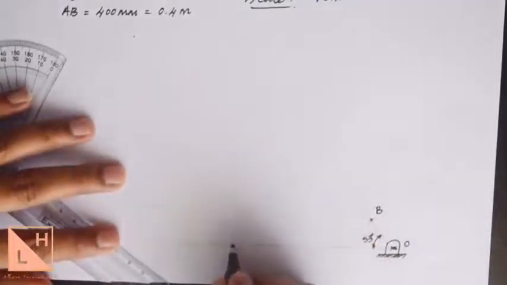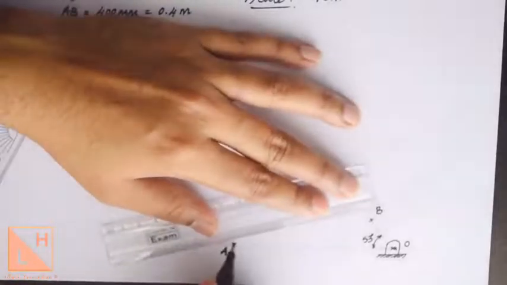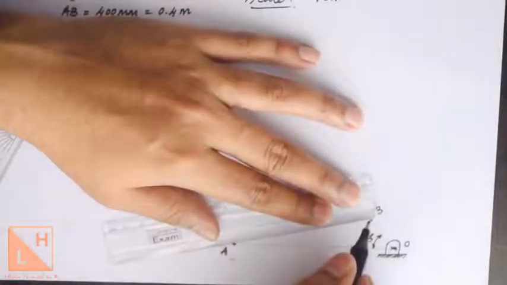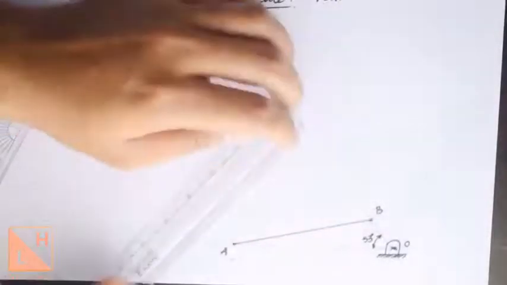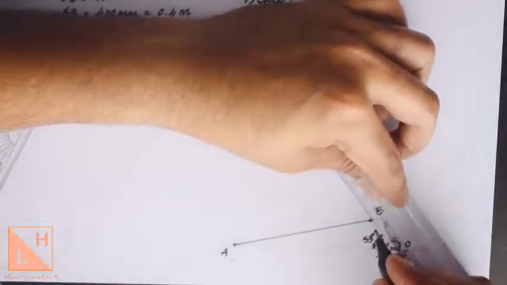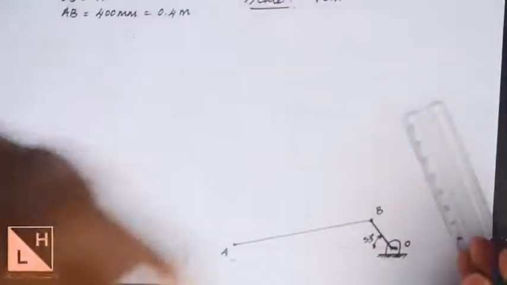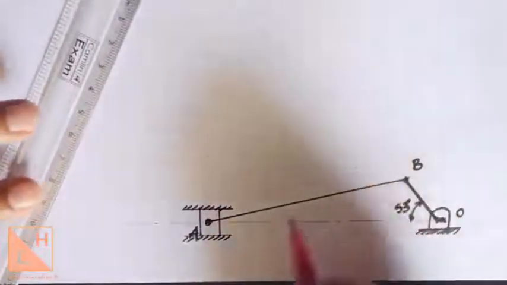Where it intersects, that will be the point A, and A is nothing but the slider. You can connect this from B to A. This will be the connecting rod, and you can connect from O to B, that will be the crank. So we got the slider crank mechanism according to the given dimensions.